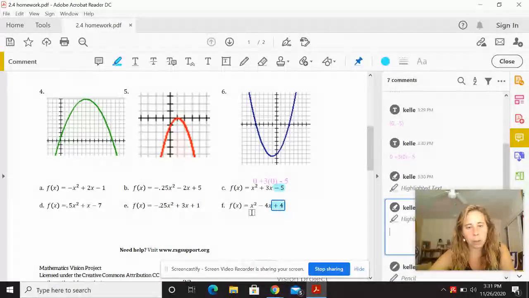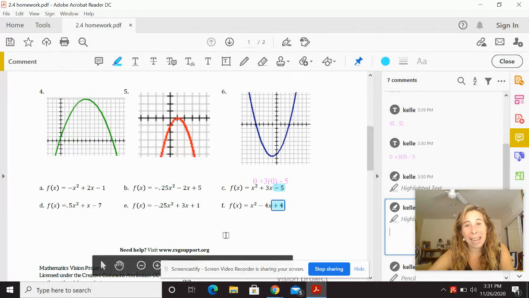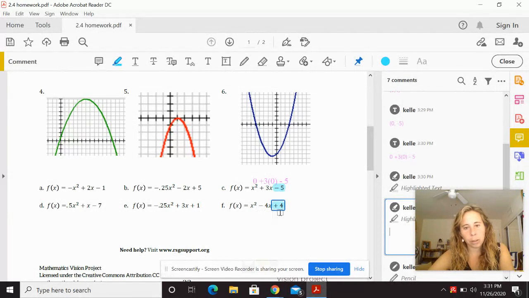If you substitute 0 in for x, you can always just substitute 0 in for x, but it's quicker, obviously, if you see the pattern. This is always going to be your y-intercept. Pay attention to the signs, whether it's positive or negative. So this would be 0 squared, which is 0, minus 4 times 0, which is just 0, so you're just left with 4. So number 2 is F.